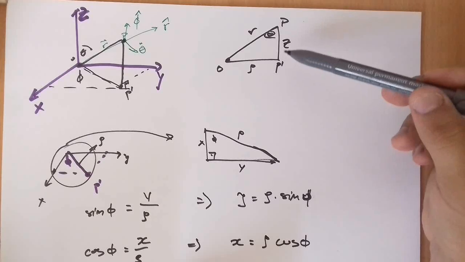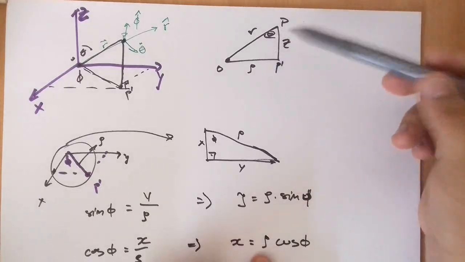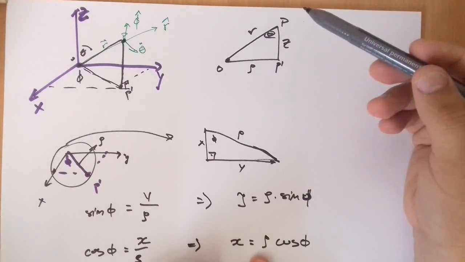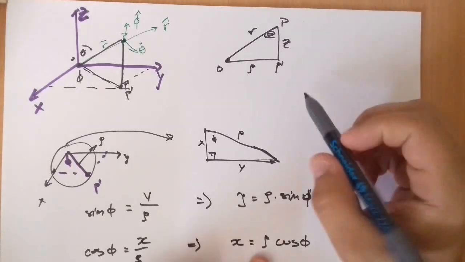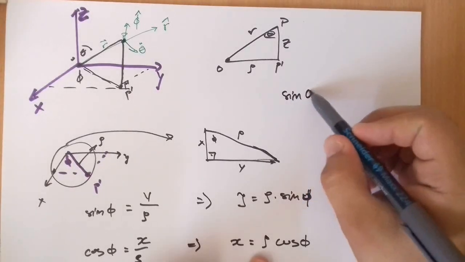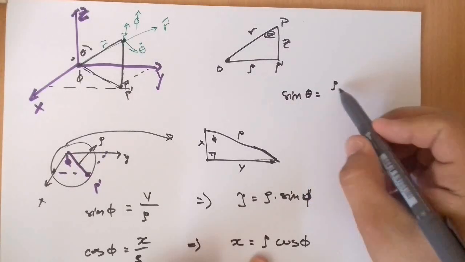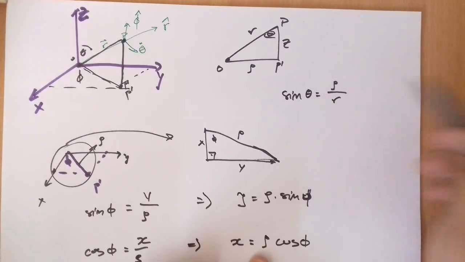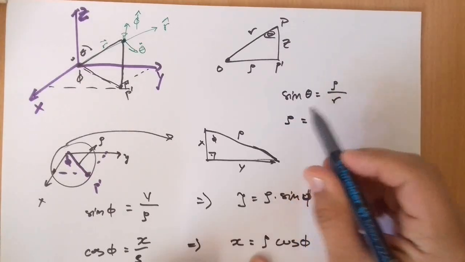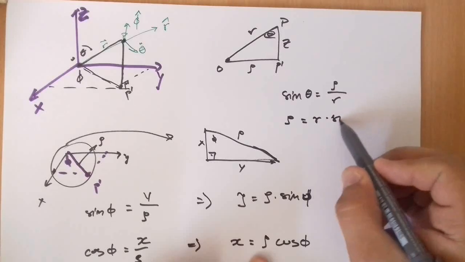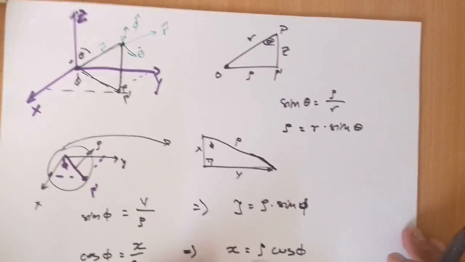From this triangle here we can find the rho. So we have sine of theta is rho over R. So only rho is equal to r times sine theta.